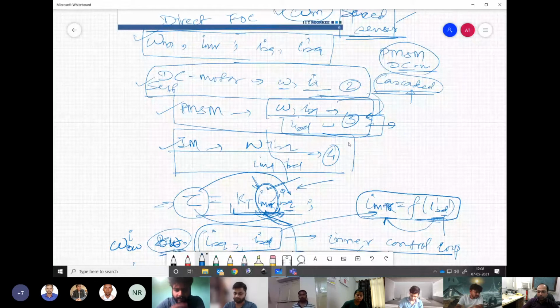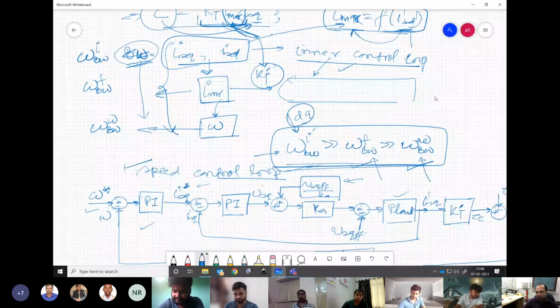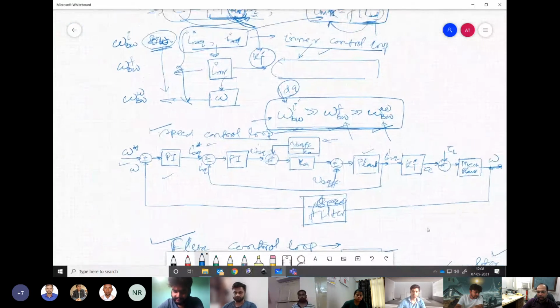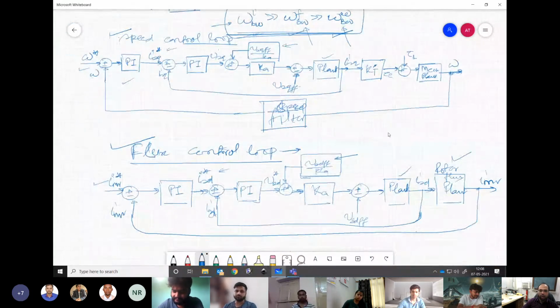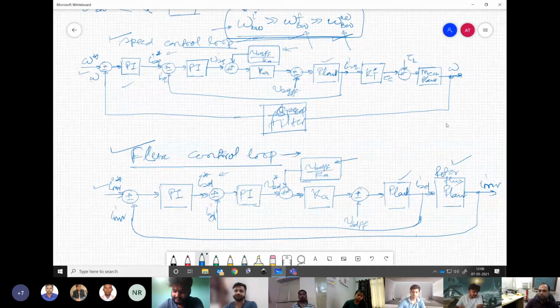Depending on their time constant, how fast they respond with their natural properties, we can have bandwidth allocated for them. So the overall control loop for the induction motor can be given in 2 parts. One part dictating the speed control, where a speed controller is giving the ISQ reference.